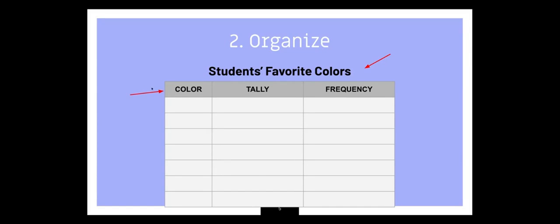And we also have here our columns that are labeled. So we see here that our first column is going to tell us what color was responded to. The second column is where we're going to put our tallies. And the third column is that number that we're going to use to represent how many times did someone choose this color.